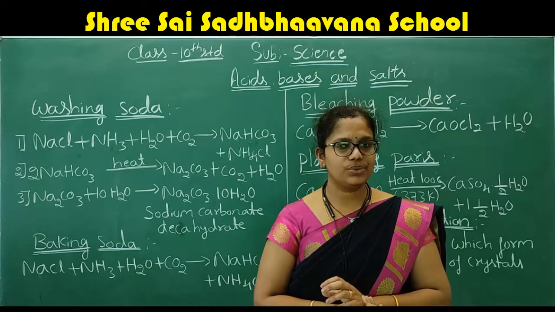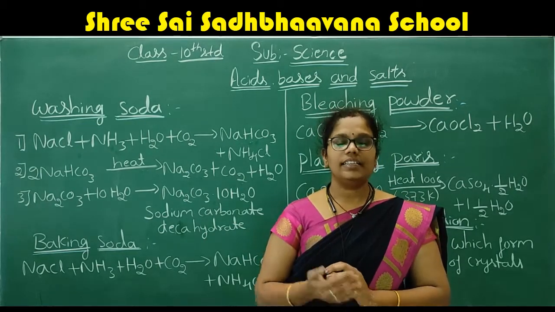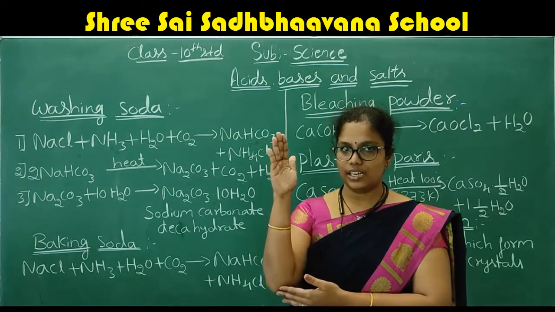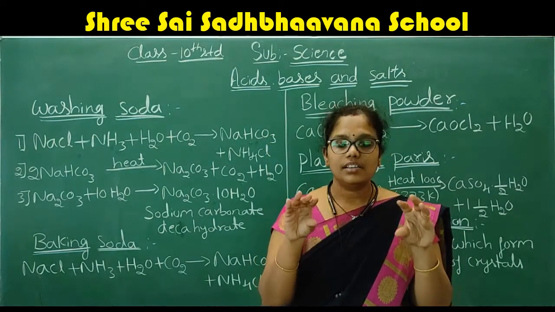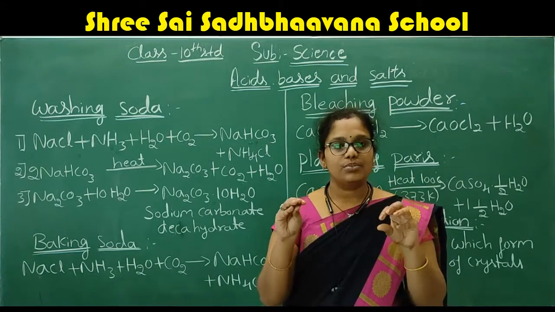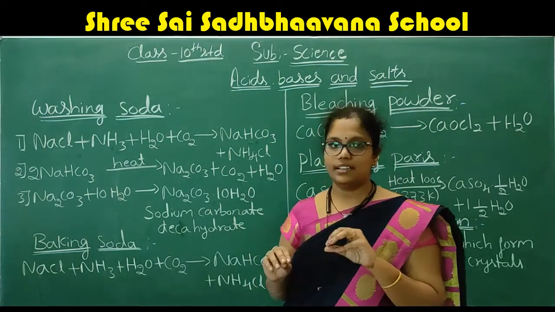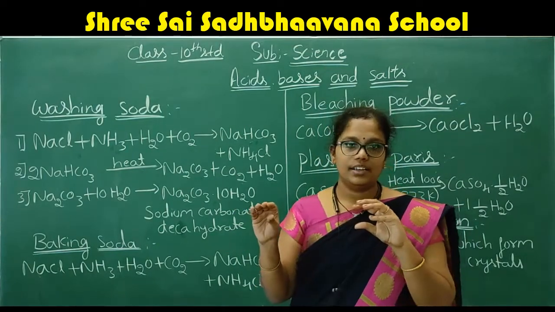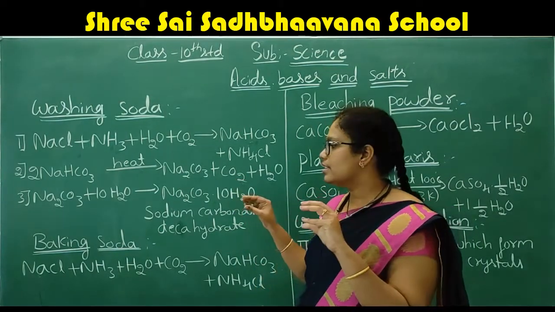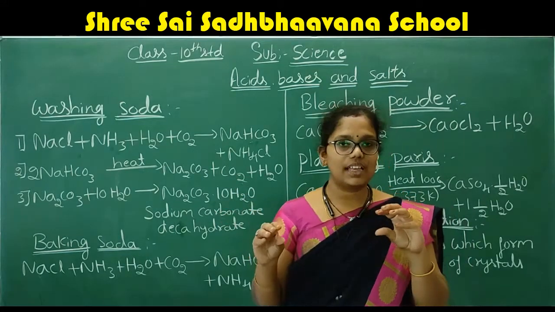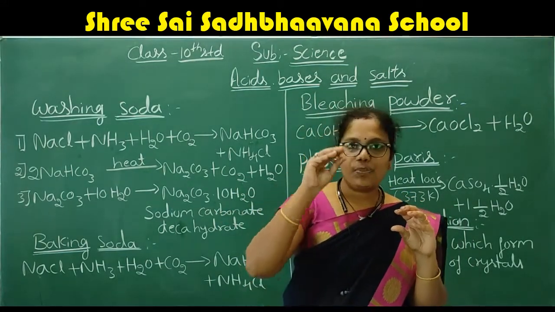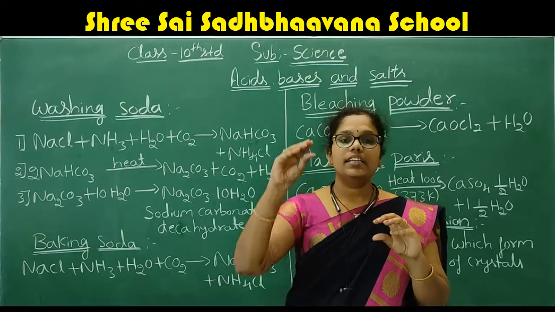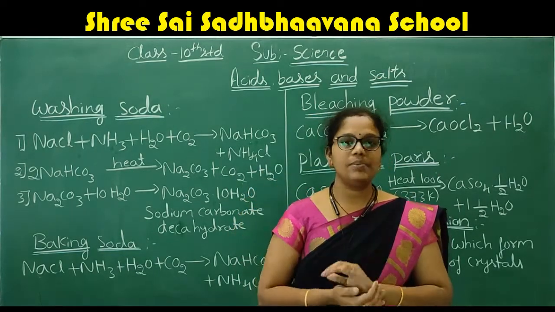Consider that in the fire extinguisher cylinder, in the bottom layer the baking soda is present, and in the top layer the sulfuric acid is present.